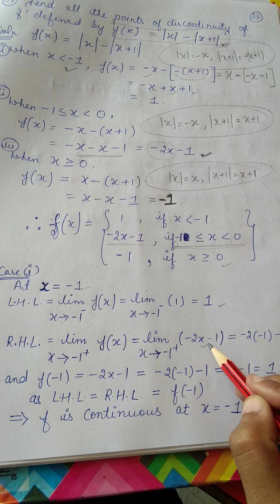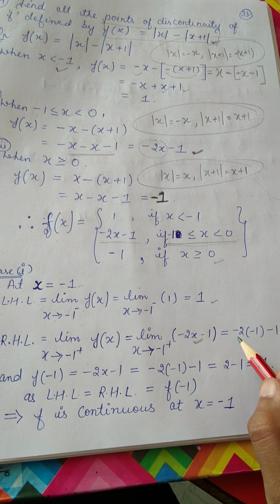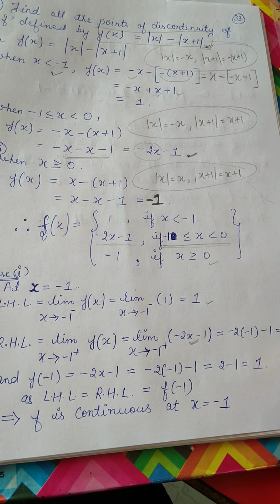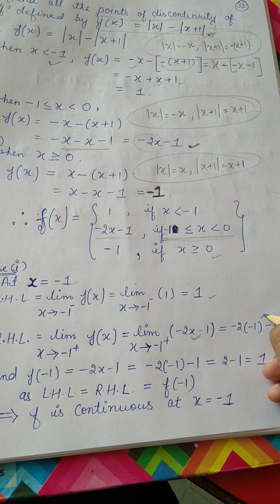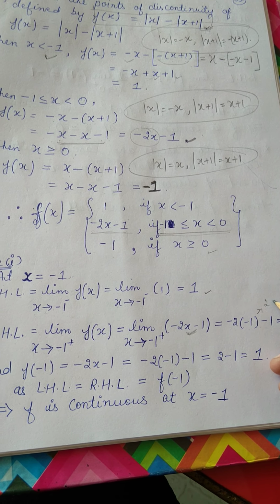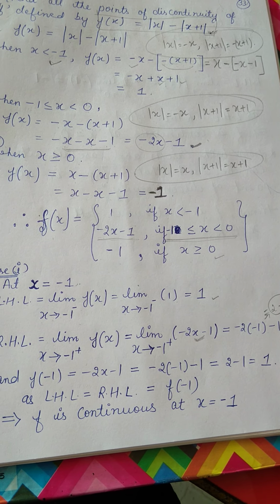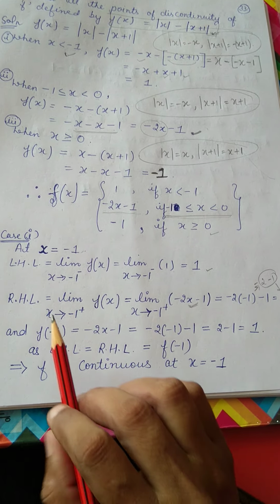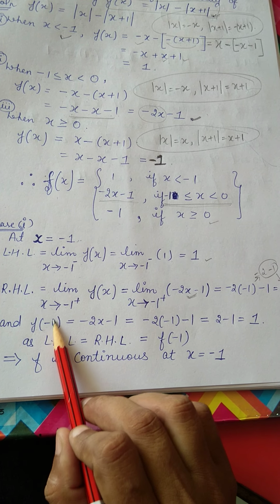We will take this function, and when we will put the value we will get minus 2 into minus 1, then minus 1, that is equal to 1. How? Because before this step, one more step will come, that is minus and minus, it will give plus 2, minus 1, and then plus 2 and minus 1. After this you will get 1. Clear bache?